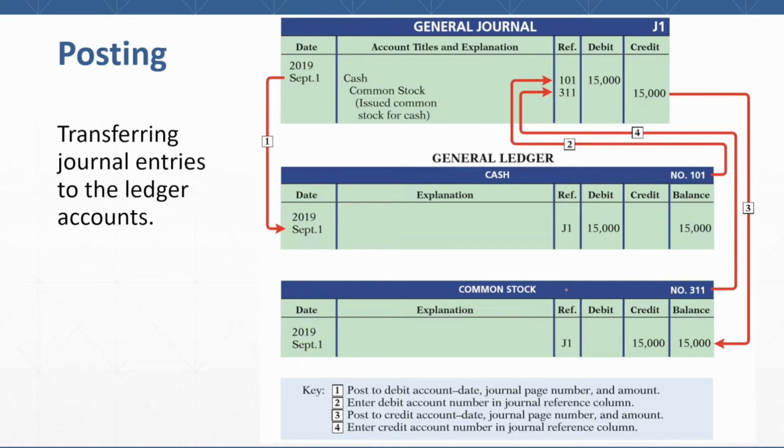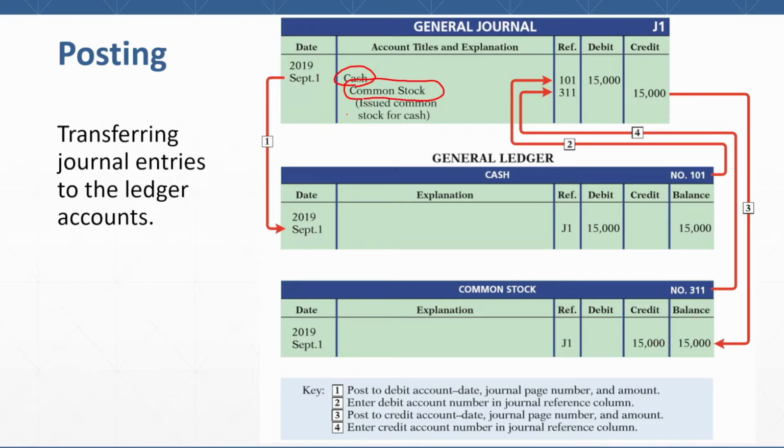But what is posting? To post, or to transfer information from our journal to our ledger account, is basically just copying and pasting, but in a specific order. For example, here in our journal, we have the cash account and the common stock account.